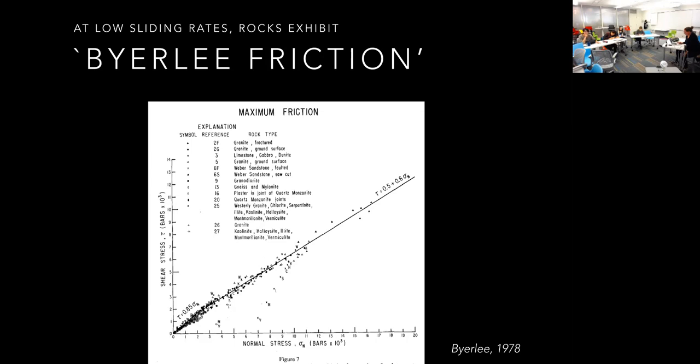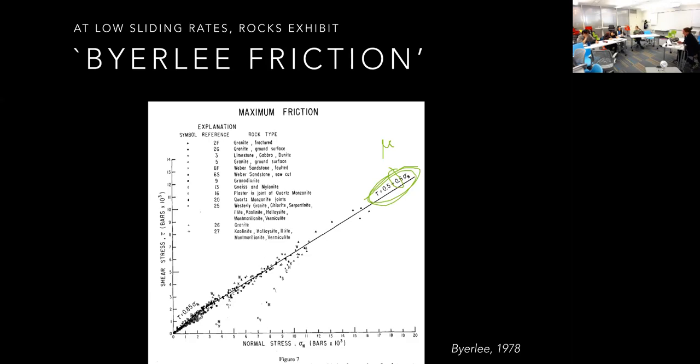If you take all of these rocks that he's plotted here, you get this equation where shear stress is some constant, which represents the y-intercept on the graph, which would be the cohesion, plus some factor times the normal stress. And this factor right here is defined as mu, the coefficient of friction. This hopefully is familiar to everybody. The big surprise and interesting insight out of this is that all of these rocks, doesn't matter what they are, they fall on the same line.